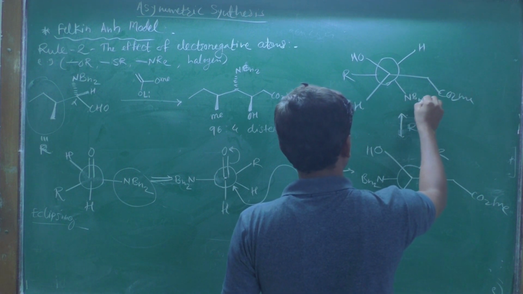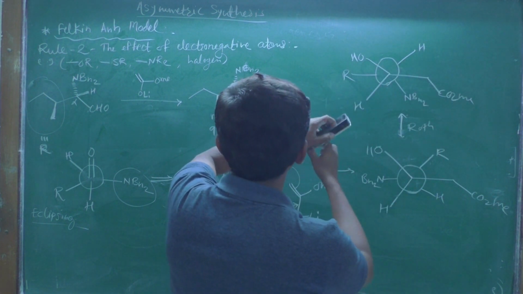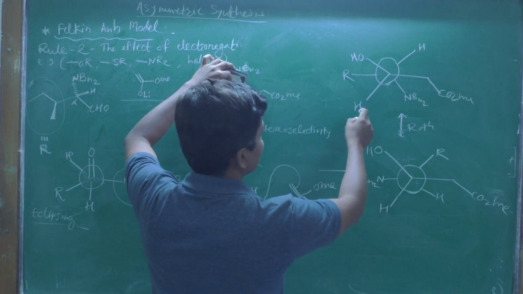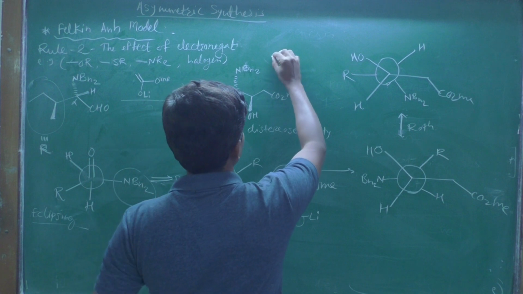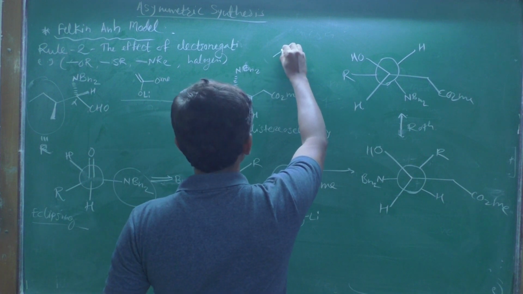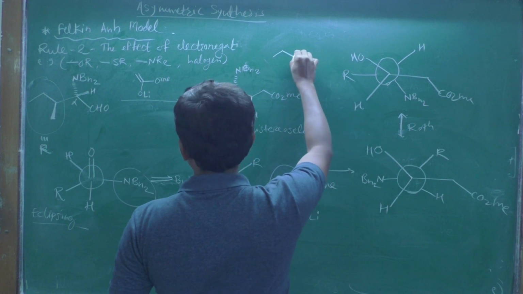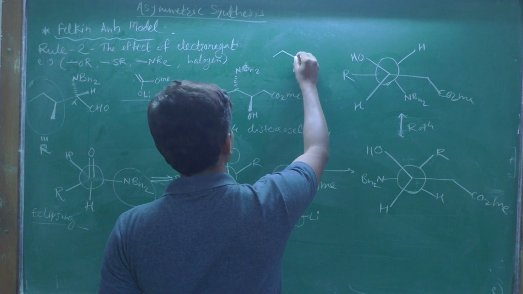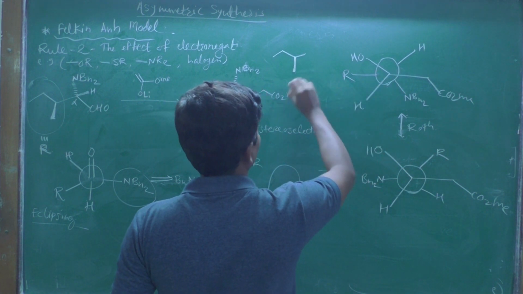And Bn2. Okay, now according to this I am writing the structure. So what will be the structure? This R is nothing but this one, so CH2, CH3, CH2, CH. This is the R group, and this R group is attached to the alpha carbon atom.